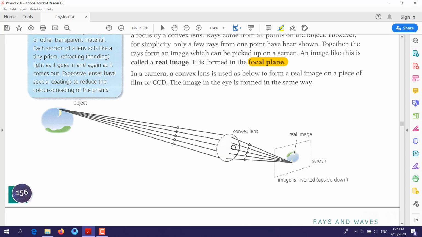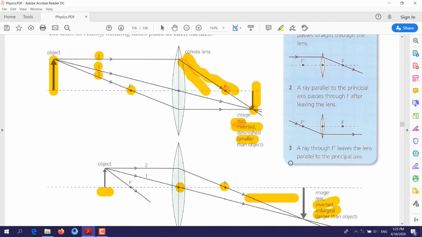When this convex lens picks up rays from a very distant object, where will the image form? The image will form at a point where all the inward rays meet, which is, what do we call this point? We call it principal focus. So the image will form at the principal focus.